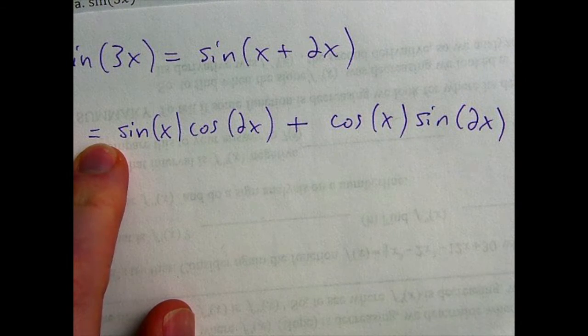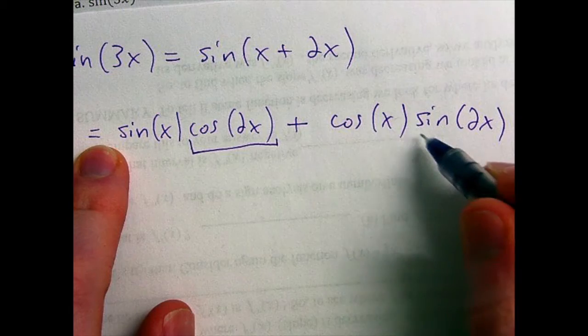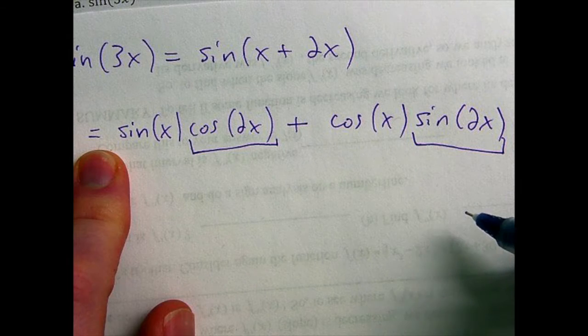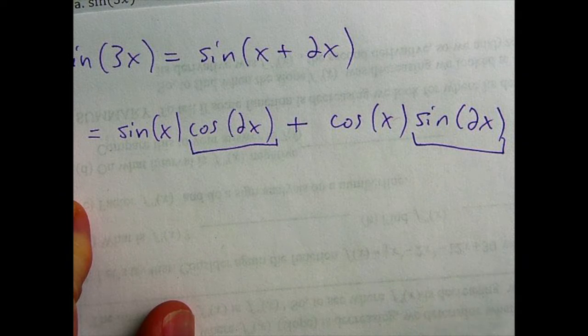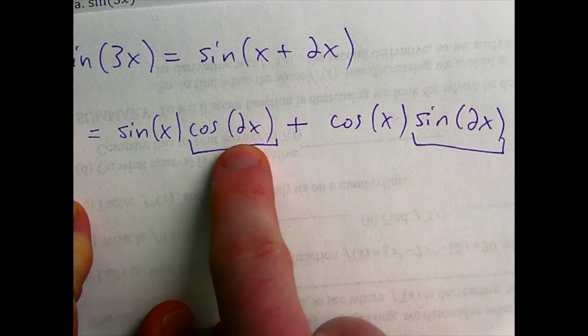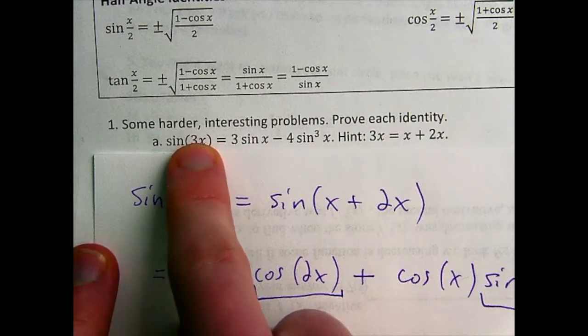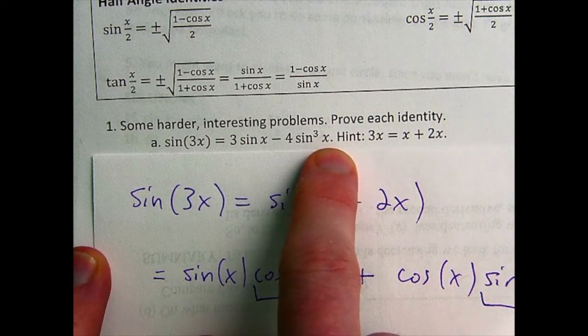Now this is cool because what we now have is cosine 2x and sine 2x, and we have formulas for those things, right? It's a little tricky because I want you to show that sine 3x is equal to this specific expression right here.